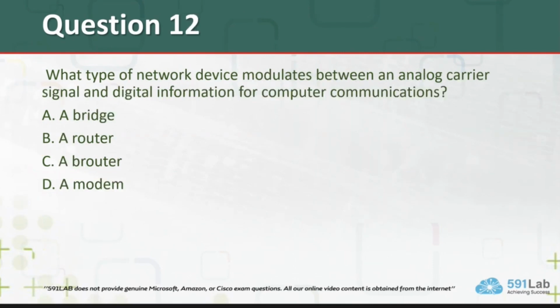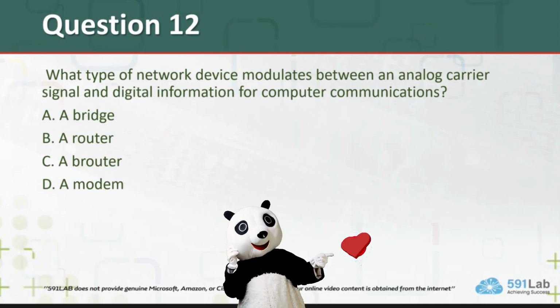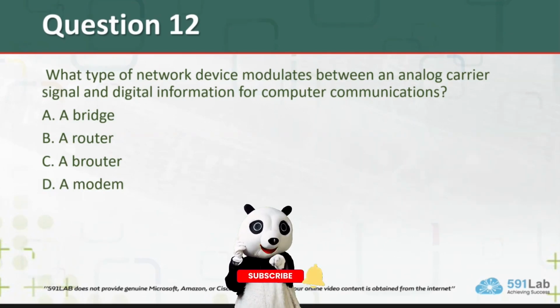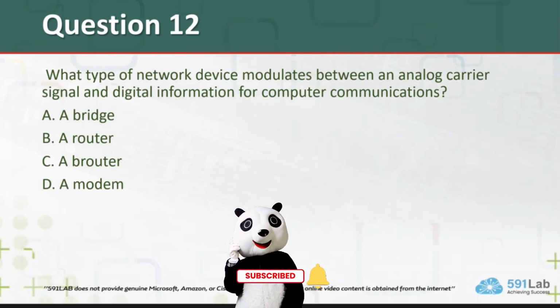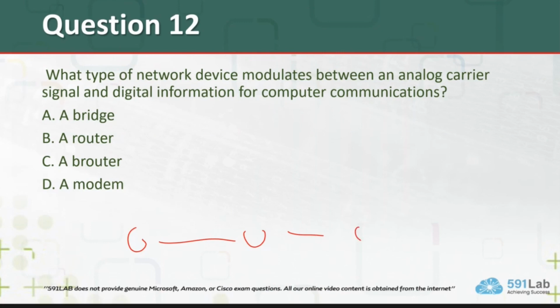What type of network device modulates between an analog carrier signal and digital information for computer communication? Is it a bridge? Is it a router? Is it a modem? So we have a digital signal, which consists of zeros and ones.